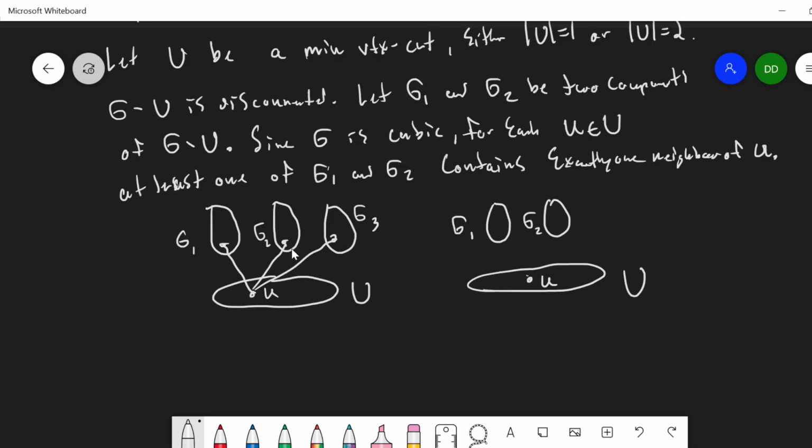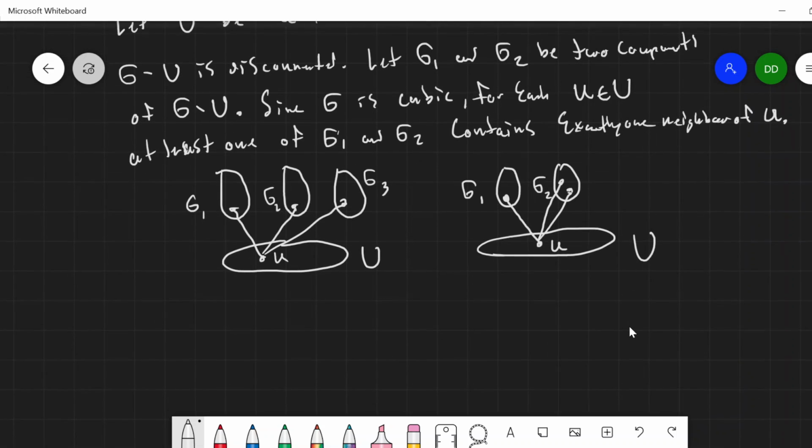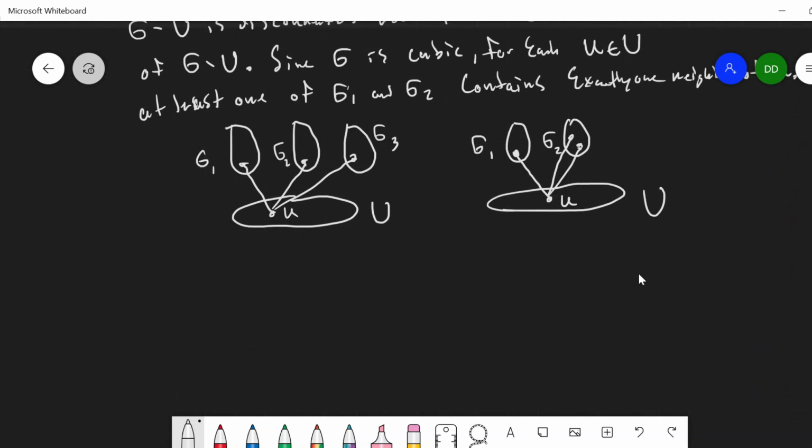This would have to be the case for 3 components: you'd have to be adjacent to exactly one in each. But maybe I have the case where u is adjacent to 1 in G1 and 2 in G2, something like that. That's certainly possible. And in this case, G1 would be the component that contains exactly one neighbor of u. And swapping G1 and G2 here would also be fine. It could be G2 that contains exactly one neighbor of u. And so hopefully that justifies that claim for you.